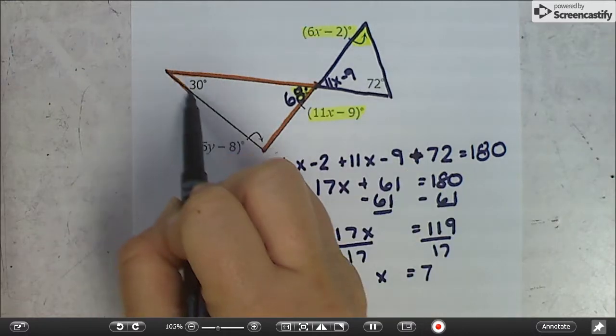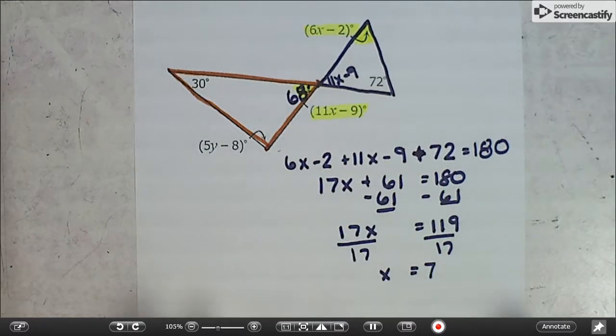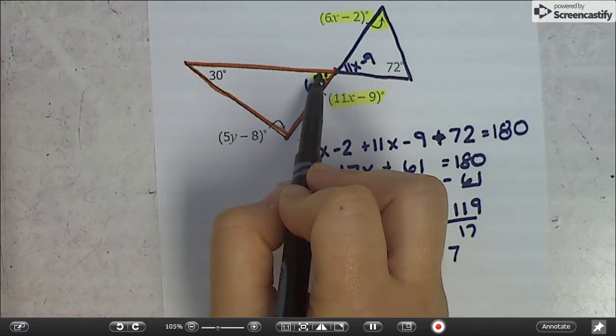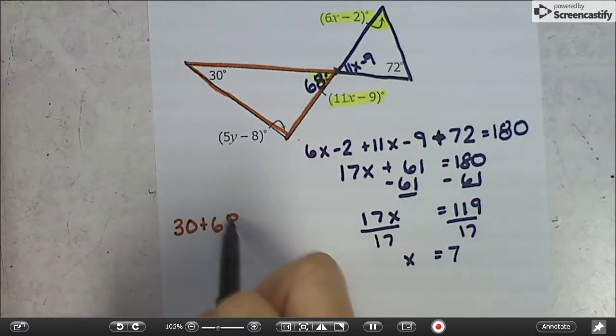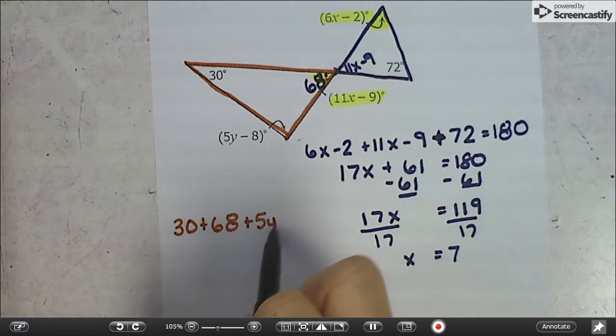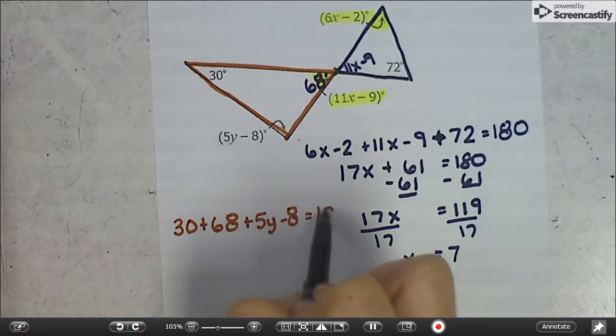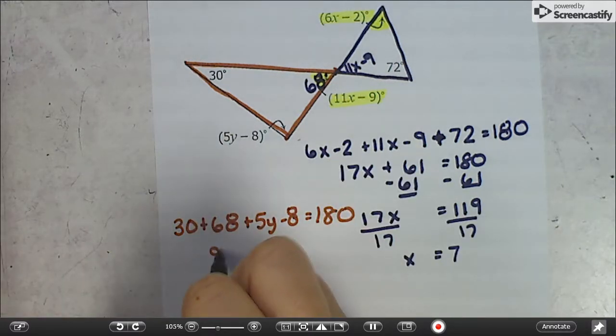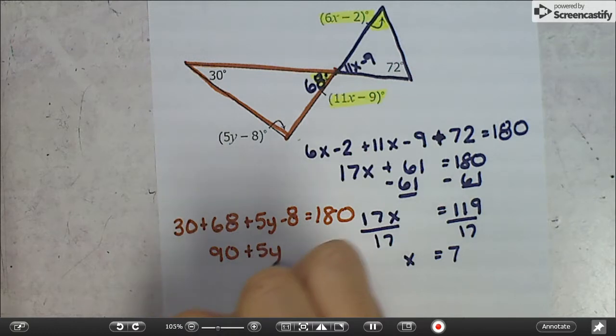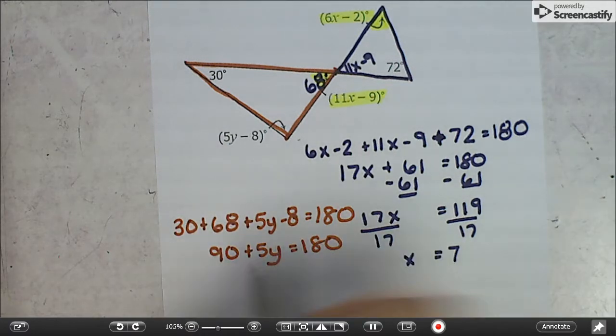To find y, we're going to look at this brown angle over here. We have 3 angles. The angles in a triangle add up to 180 degrees. So I'm going to add those up and set them equal to 180. So we have 90 plus 5y equals 180.